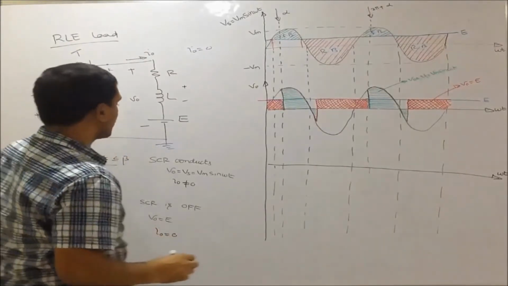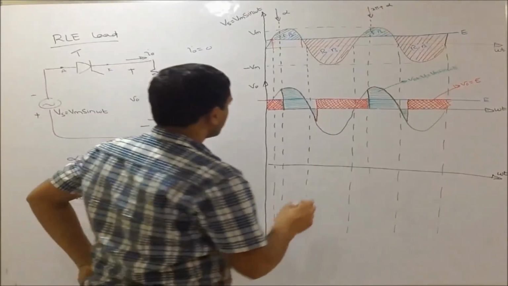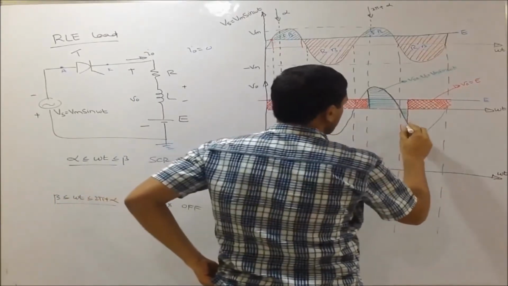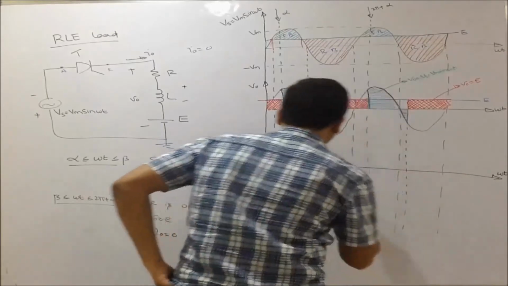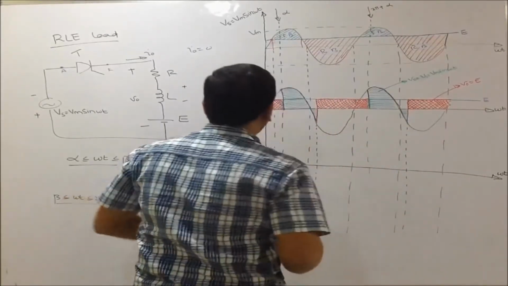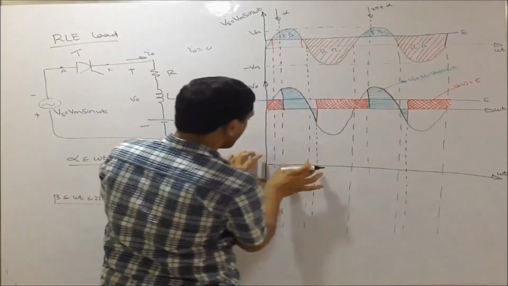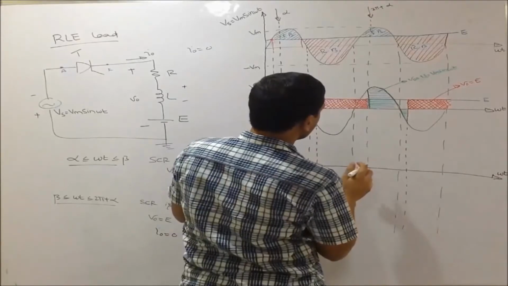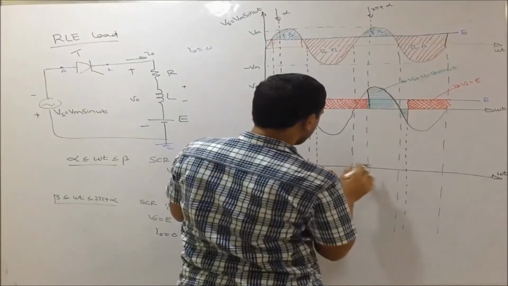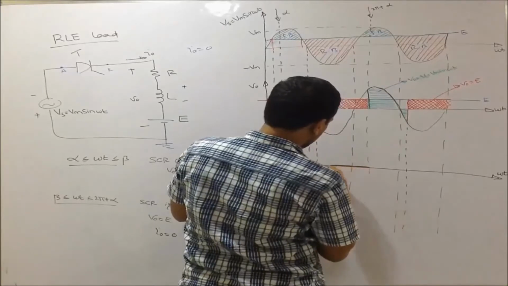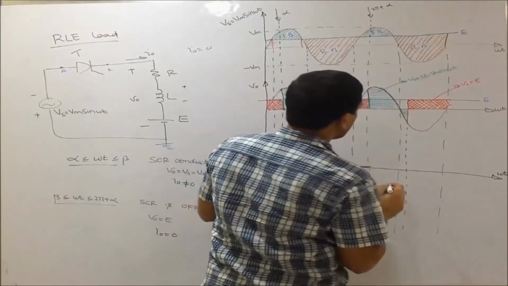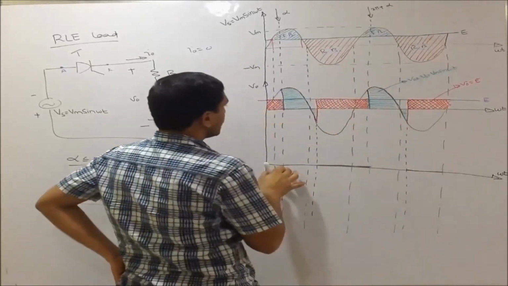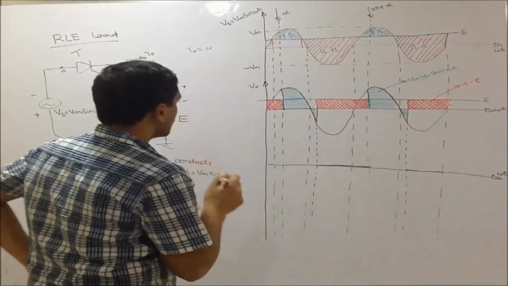So I naught exists from alpha to beta. From beta to 2 pi plus alpha, it is 0.